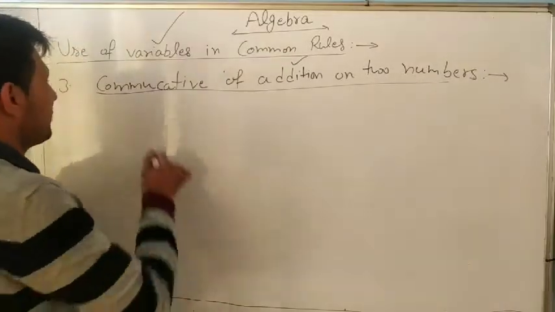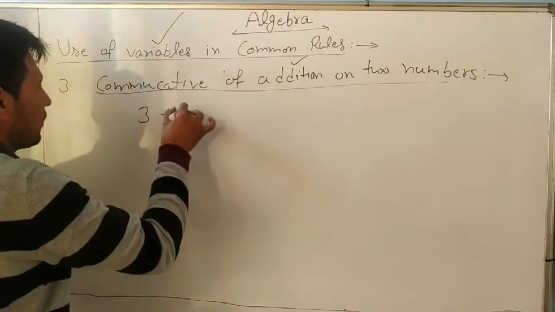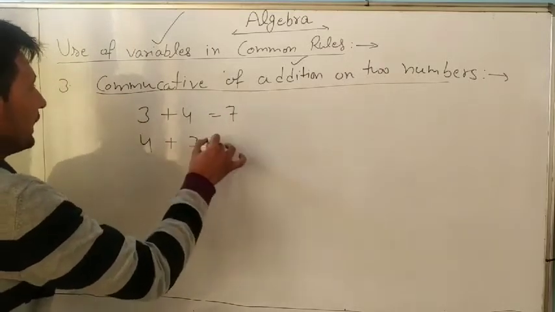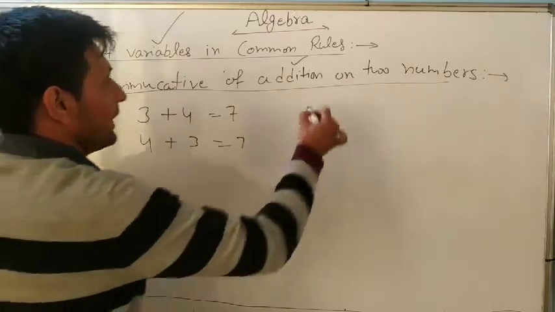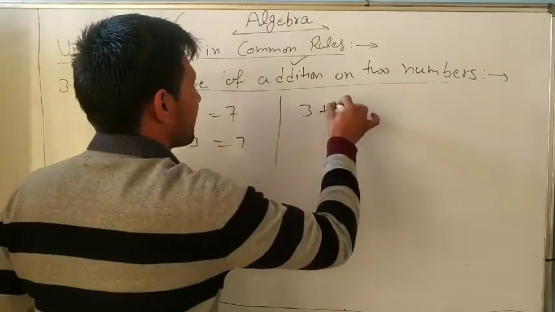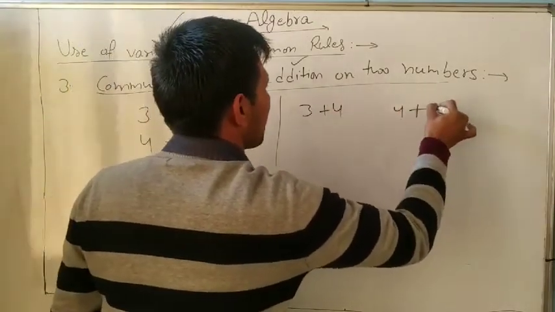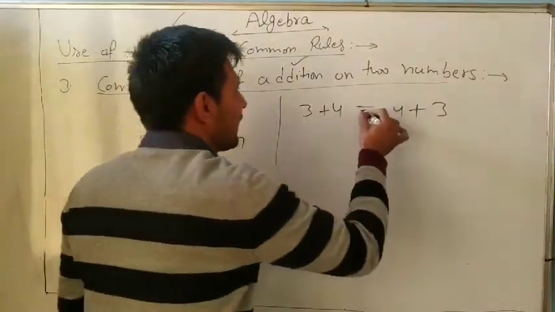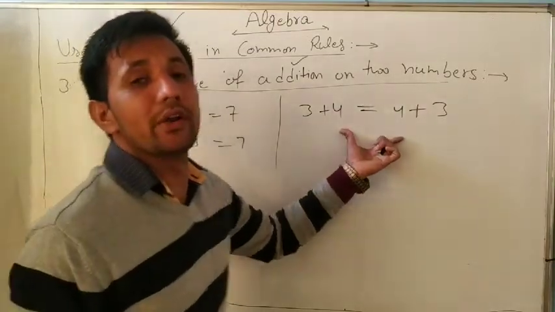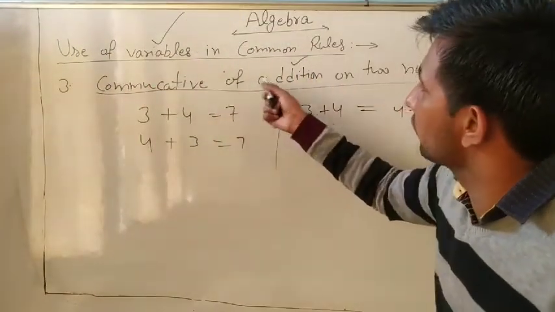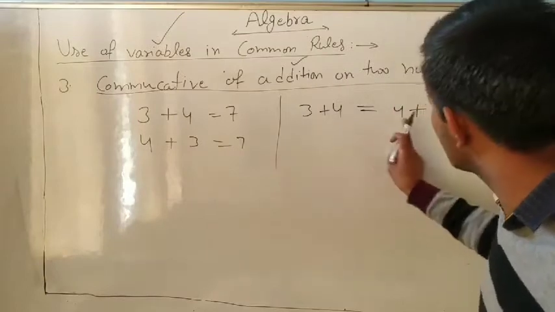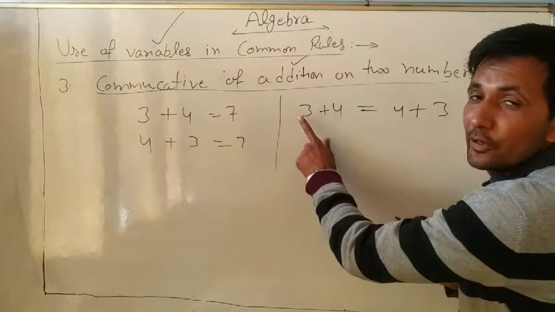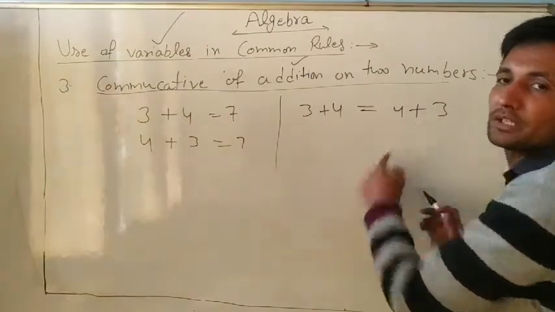Commutative means, suppose 3 plus 4, how much is it? 7. And if I ask you 4 plus 3, it is also 7. So either you write 3 plus 4 or 4 plus 3. 3 plus 4 is 7, 4 plus 3 is 7, both are equal. So it is called the commutative property of addition. We use addition on two numbers. Either you write 3 plus 4 or 4 plus 3, they are equal.